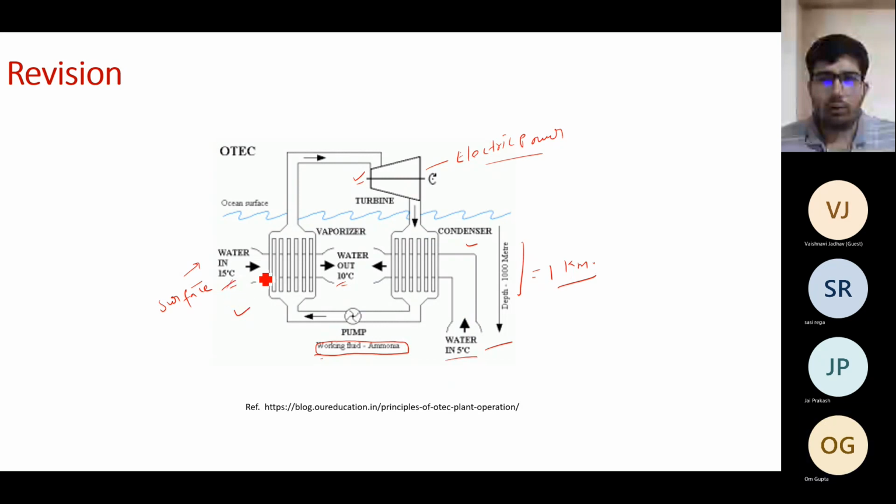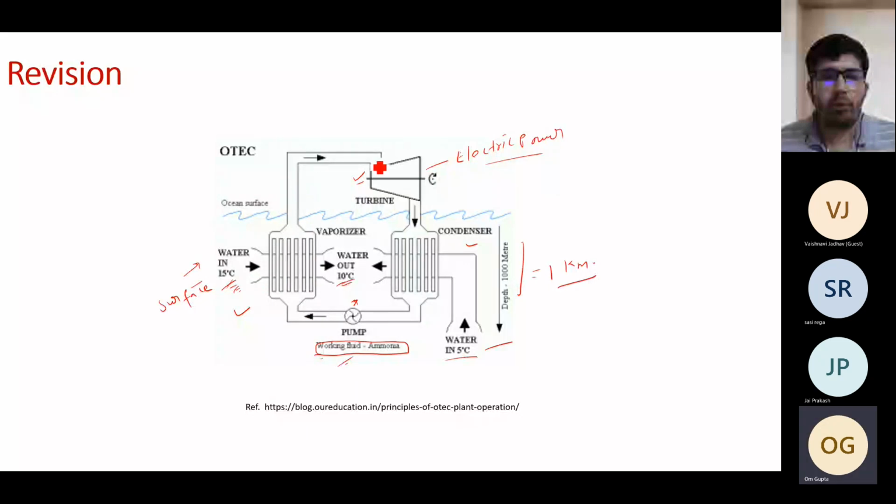So this 15 degree water gives the heat to the ammonia, and we are using a pump. This pump is pumping the ammonia. Ammonia will go through these pipes, and heat exchange will occur between the ammonia and the water. So ammonia will gain some heat and convert to the vapor, and this water will give heat to the ammonia, and the temperature will decrease. So the water will come out at 10 degrees centigrade.